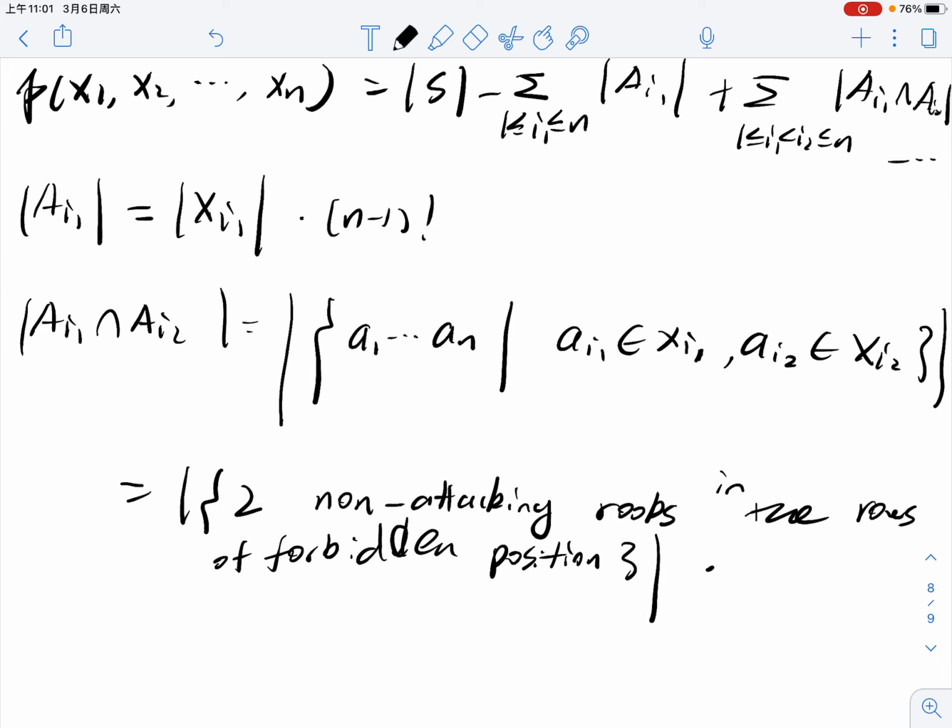After you choose such two numbers, AI1, AI2, all the remaining ones are free. So you have n minus 2 factorial.